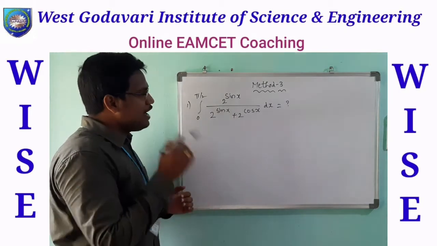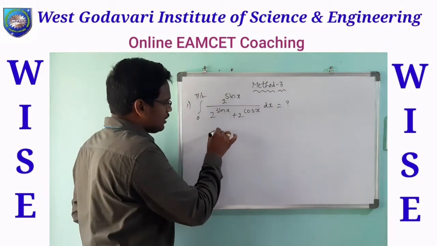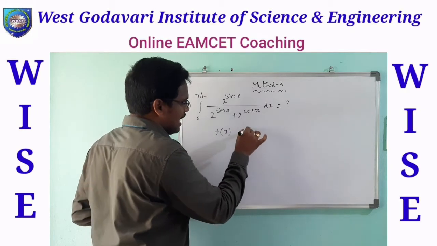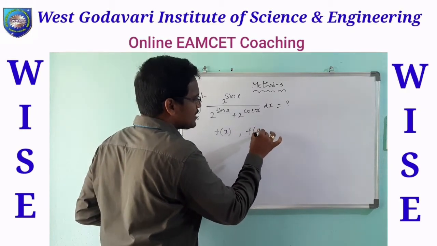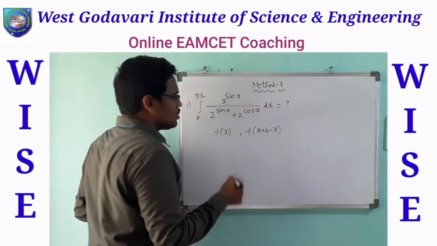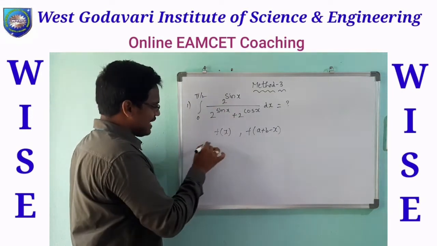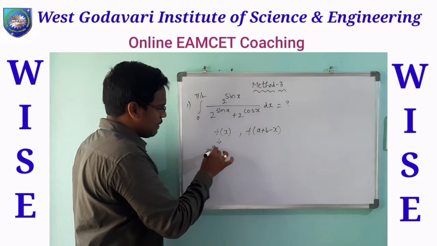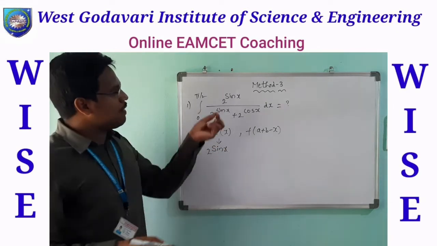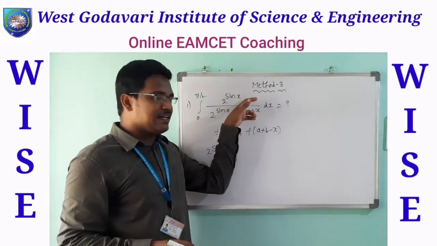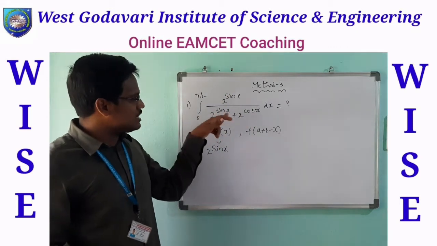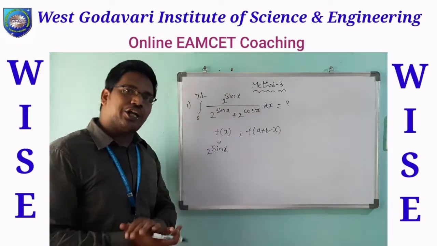First of all we have to identify the two functions, that is f(x) and f(a+b−x). Here f(x) is obviously 2^(sin x), because 2^(sin x) is in the numerator term.